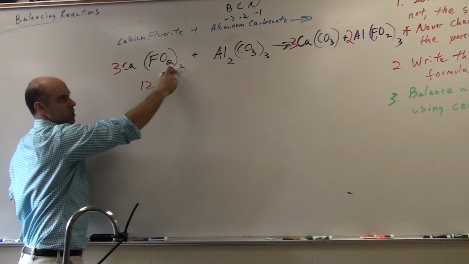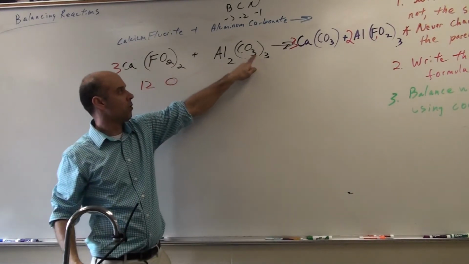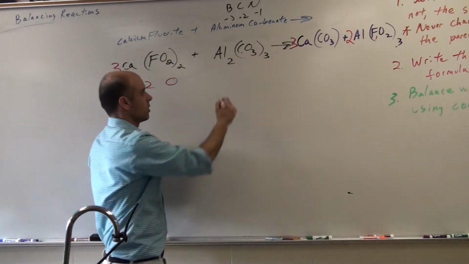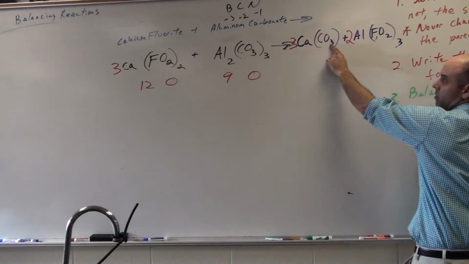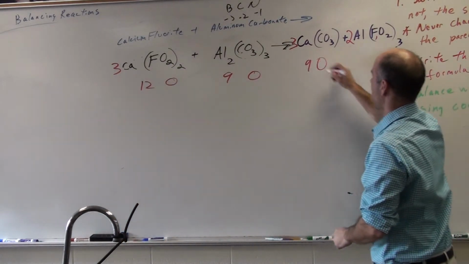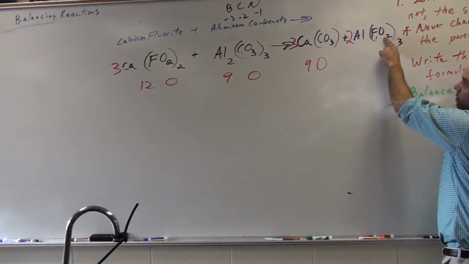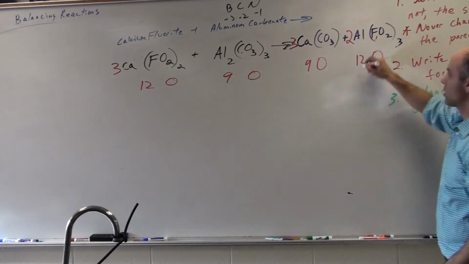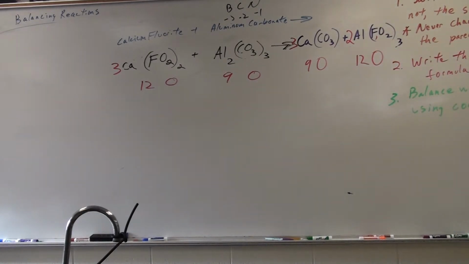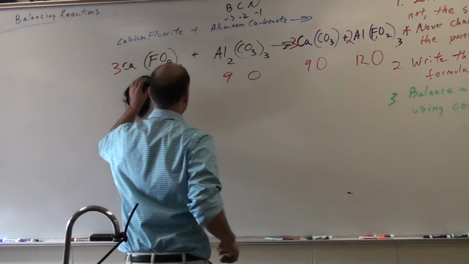So there are 12 oxygens there. What's 3 times 3? 9. 3 times 2 is 6. Times 2 is 12. So does the number of oxygens balance? Yes. Okay.